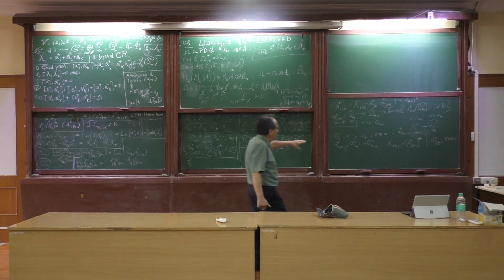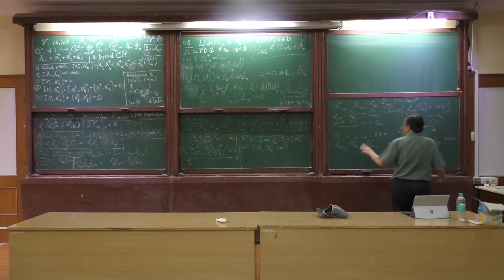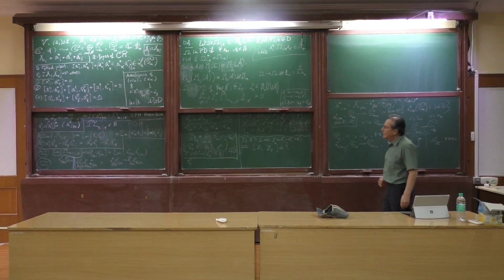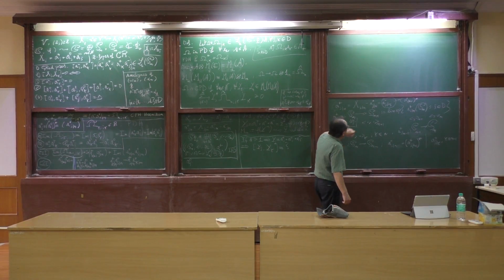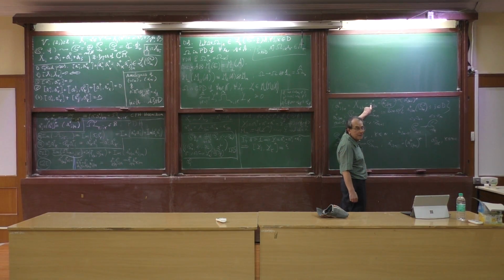But to complete the induction, we have now solved from the second constraint equation, and we have recovered A0JN.